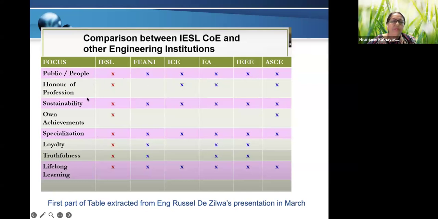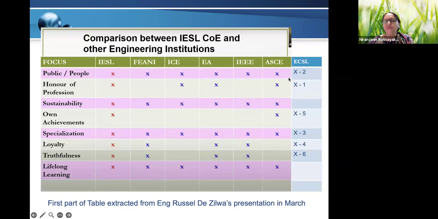So public safety, health and welfare, sustainability, practicing in our own specialization, and lifelong learning. You can say that those are the common areas for any professional body to have, among others.